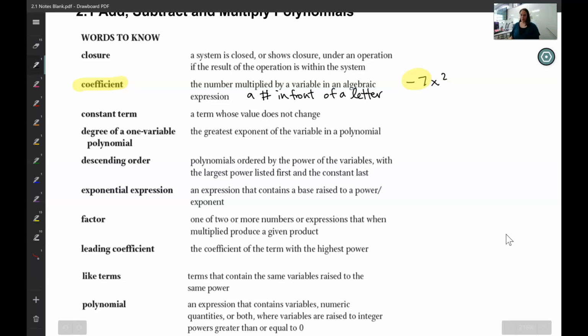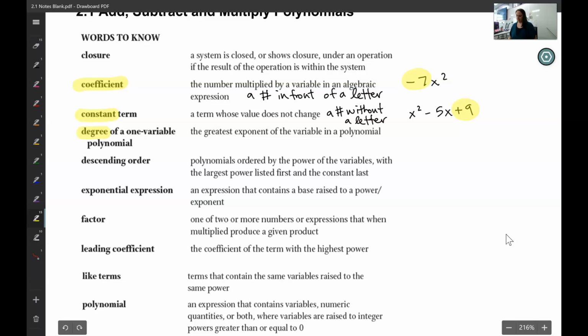Now, sometimes we have numbers that are all by themselves. So let's say I have something like this. That 9 is a number that's all by itself. It doesn't have a letter. That's a constant, a number without a letter. Anytime you have a number that has no letter with it, that's called a constant term.